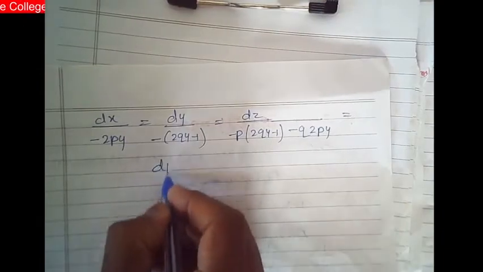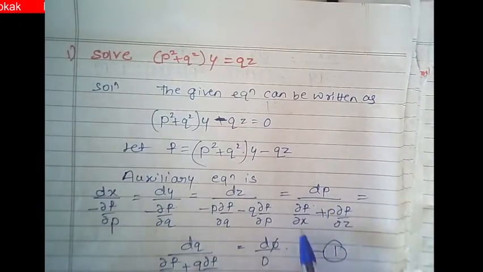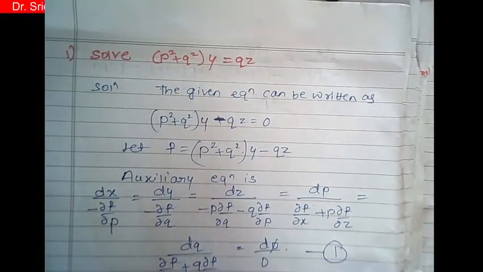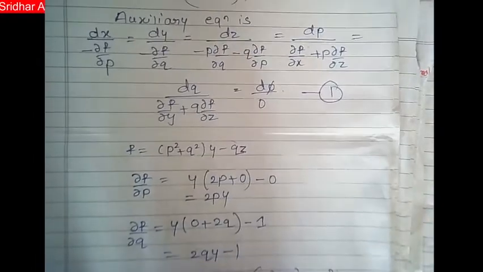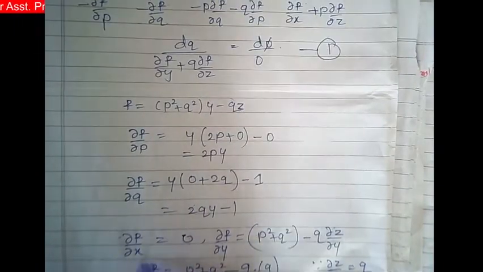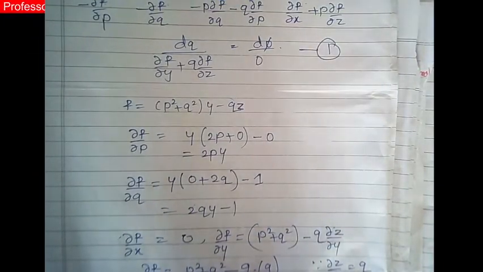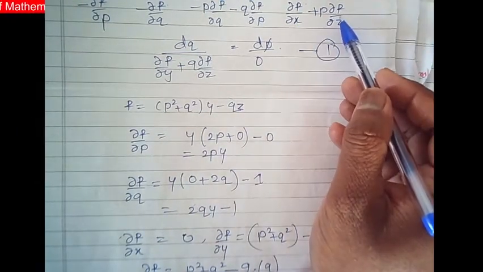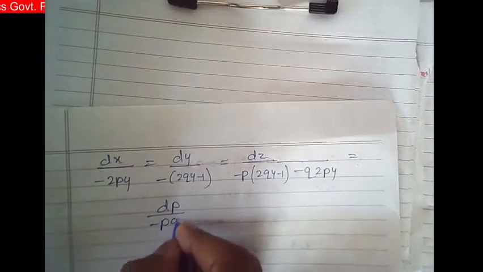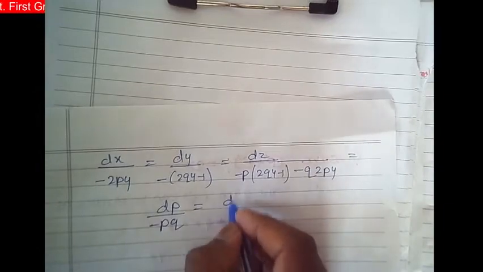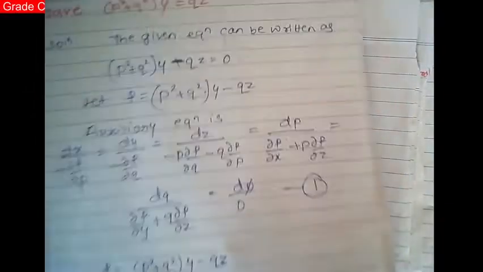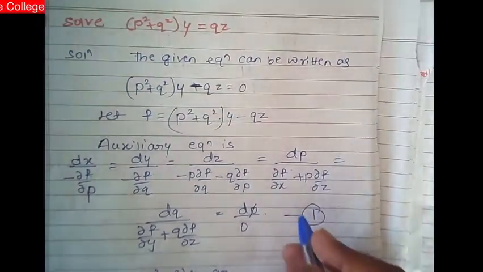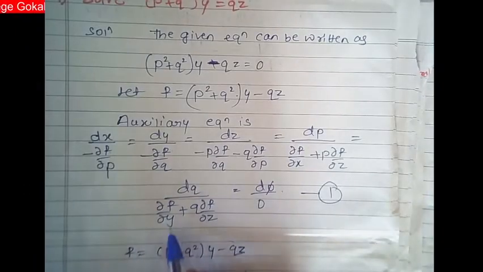dp divided by this is dou f by dou x. So dou f by dou x is 0 and dou f by dou z is minus q. So when you substitute this as 0 and here it is minus q, it becomes minus pq divided by minus pq. Then this is equal to dq divided by this is dou f by dou y.